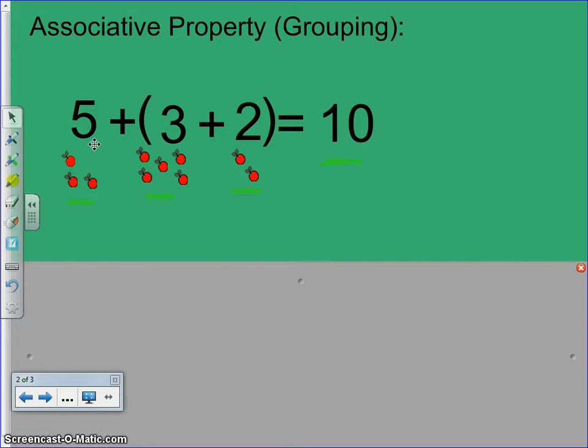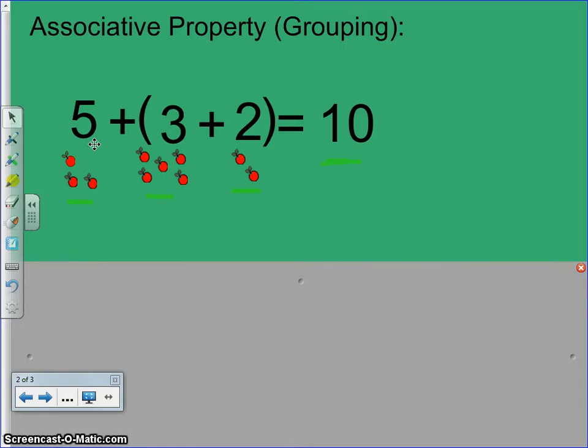Remember those parentheses. Those parentheses are grouping. And what they're telling me is I can change the grouping of my addends, the numbers I'm adding, and it doesn't matter the grouping, I'm still always going to get that same answer. 5 plus 3 plus 2, no matter how I group them, is always going to give me the answer 10.